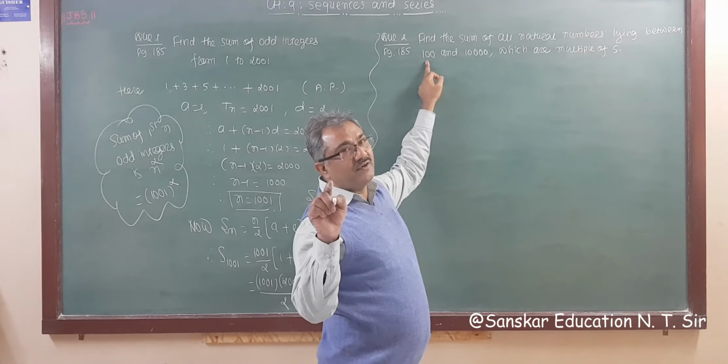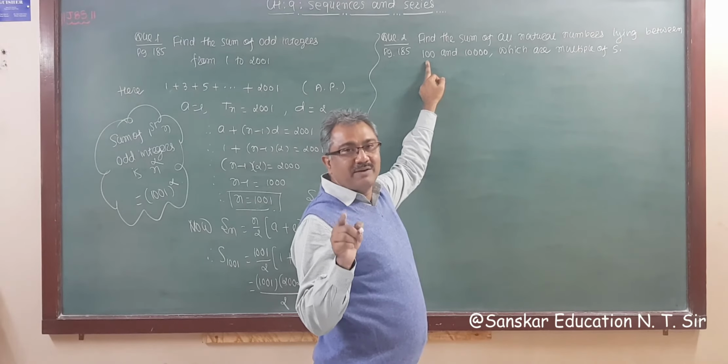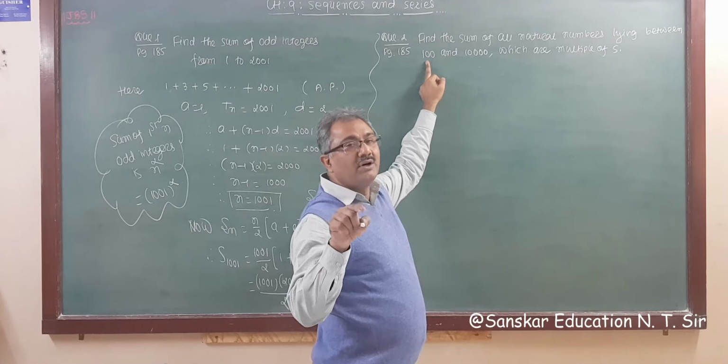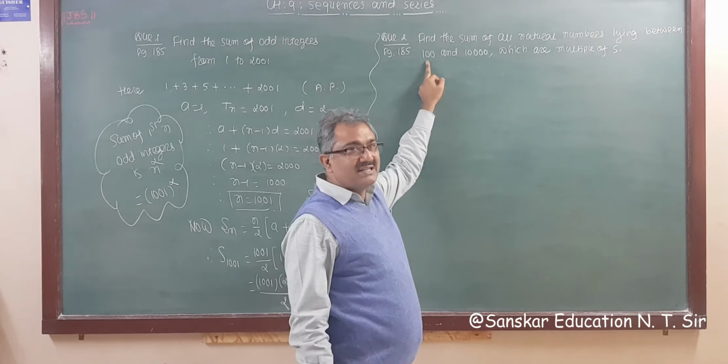Multiple of 5 means, first, 100 is not a multiple of 5. 101 is not a multiple of 5. 102, 103, 104, 105 is 21 into 5, so it is a multiple of 5.